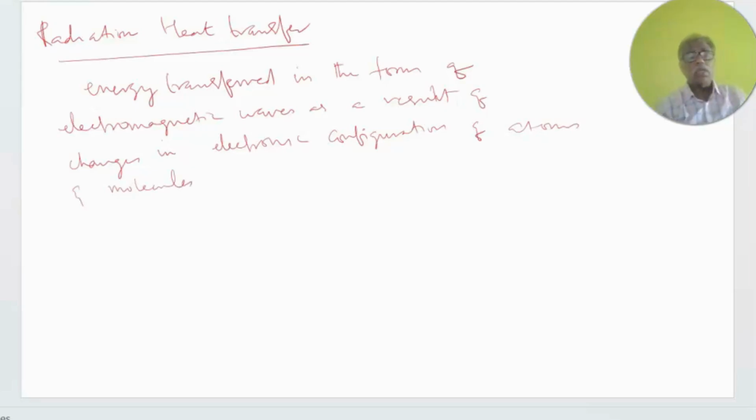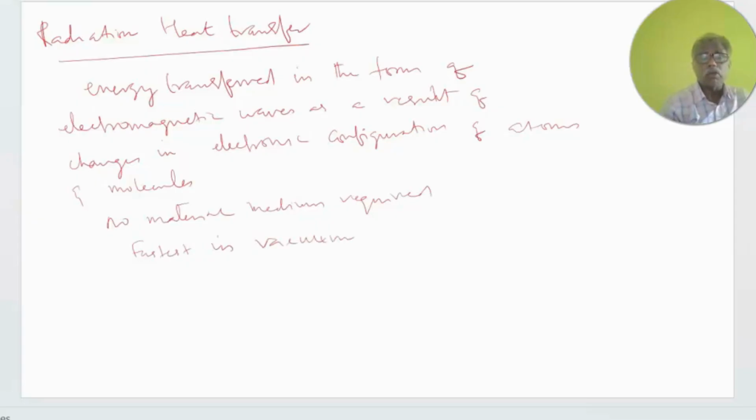Unlike the other two modes, no material medium is required for radiation. In fact, it is fastest in vacuum without any attenuation.